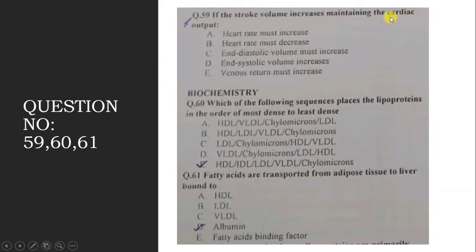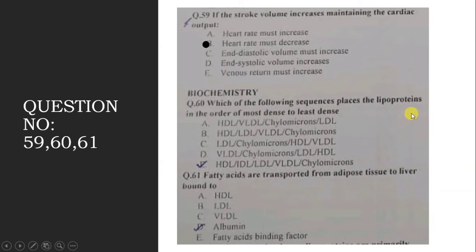So if we maintain the cardiac output constant and the stroke volume is increased, the heart rate must decrease. If one factor increases, the other factor must decrease to maintain constant cardiac output. So option B is correct.